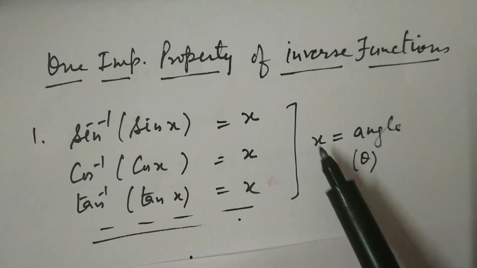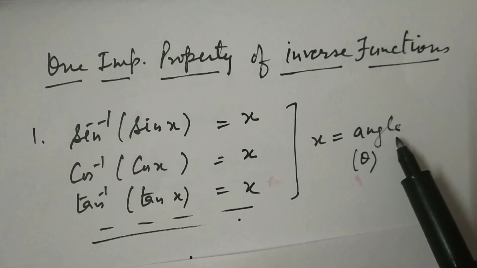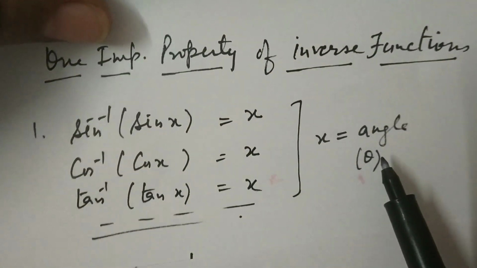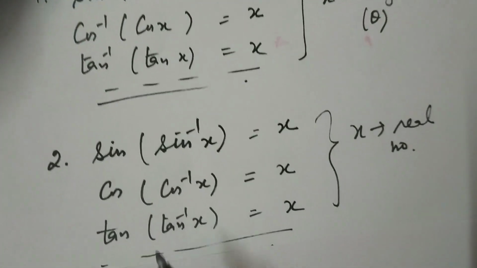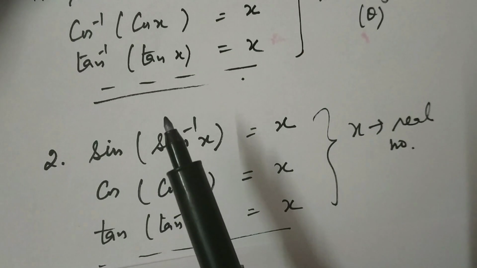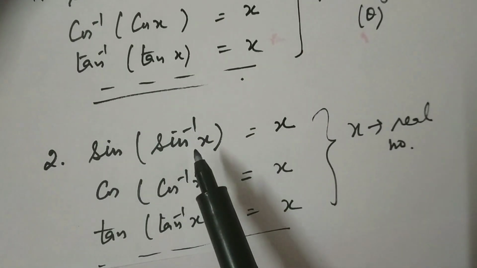And in all these cases x denotes the angle, or what we say is theta. Now the second important property: in the previous one the inverse was outside and the trigonometric function was inside.